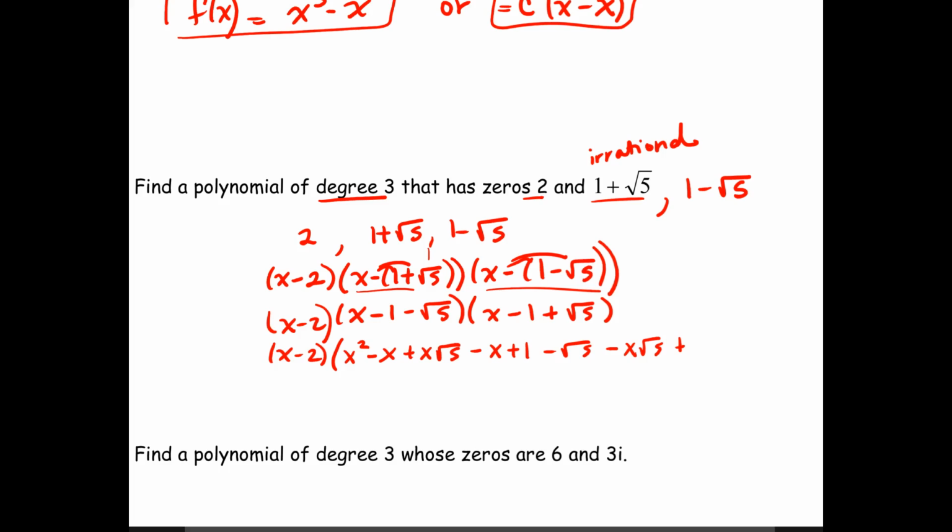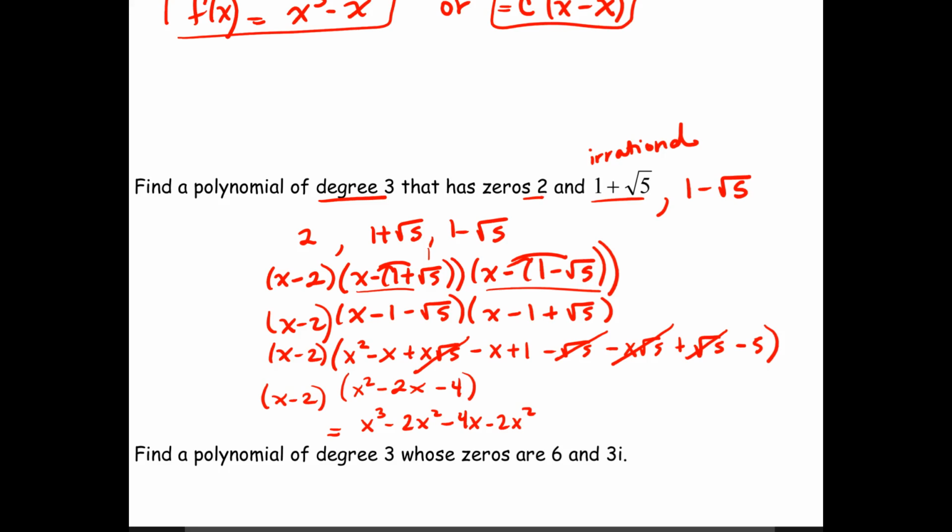Still in that first section. Right. So we got the negative 1 times x, then negative 1 times negative 1. Well, that's almost. Positive root 5 will be negative root 5. Negative x root 5.